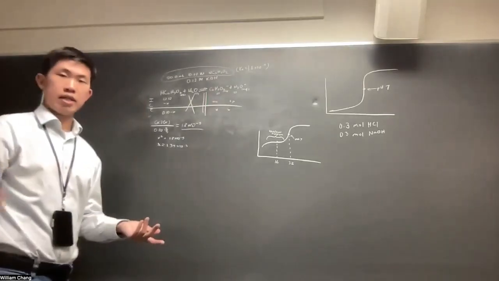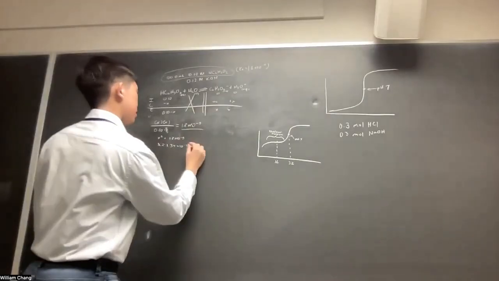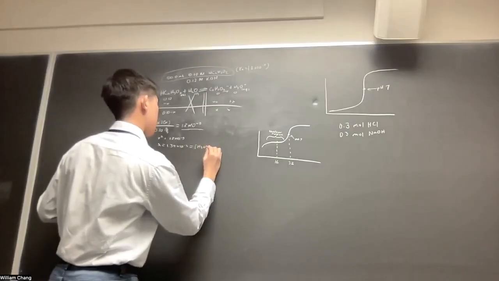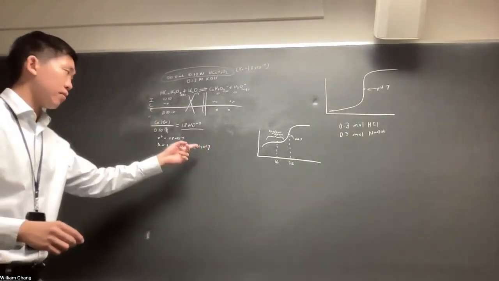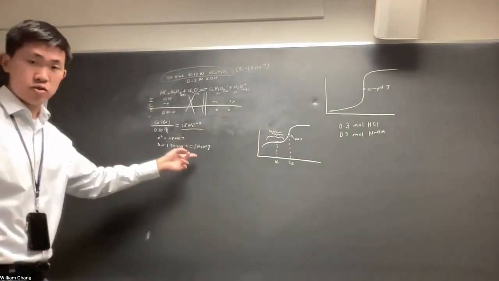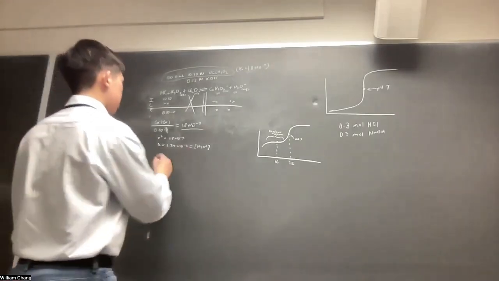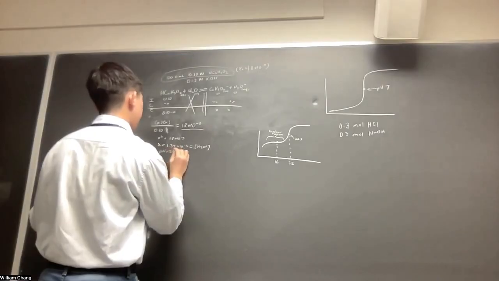But since this question asked us to find the pH, we simply treat this as our hydronium concentration. And pH, once again, is found by the negative log of this value of hydronium ion concentration. So I get a pH of 2.87.